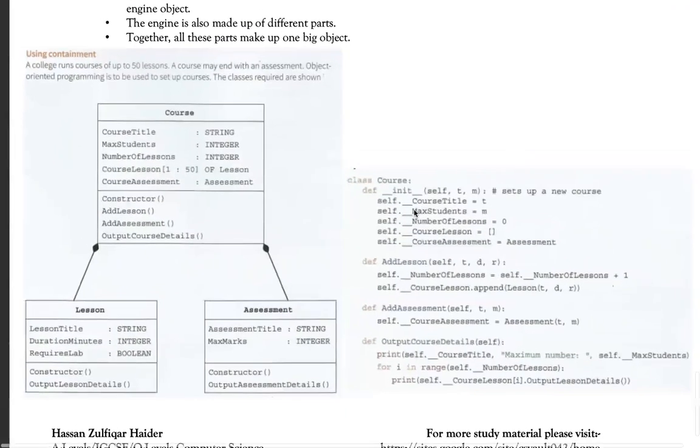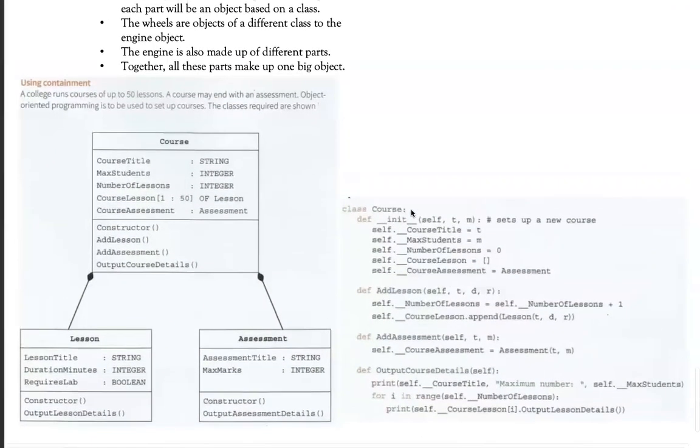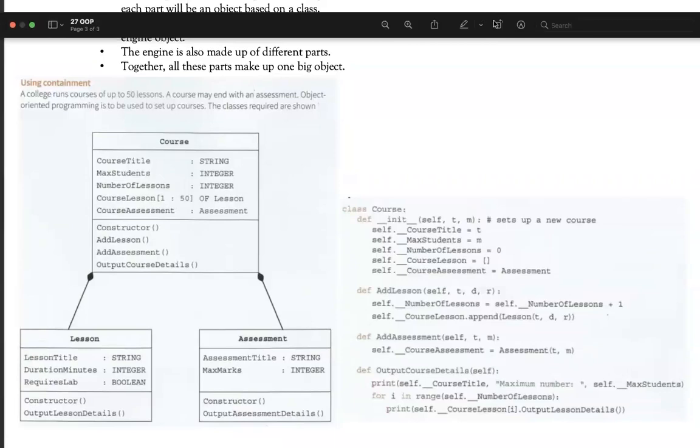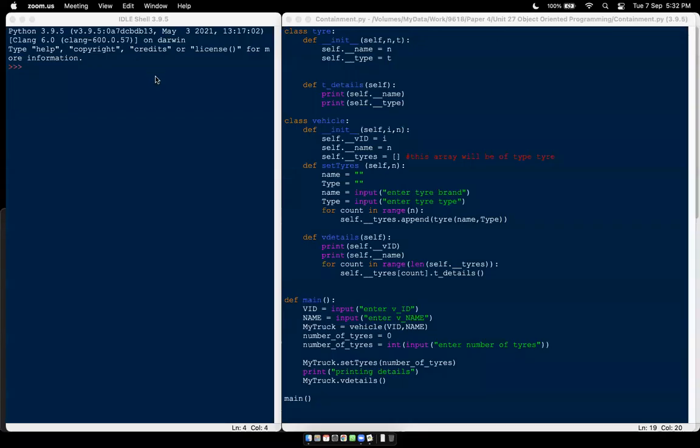Now, let's work out an example of our own that applies aggregation. Okay, so the car and tire analogy that we just discussed in the course would basically be used over here. What we have is a class by the name of tire.